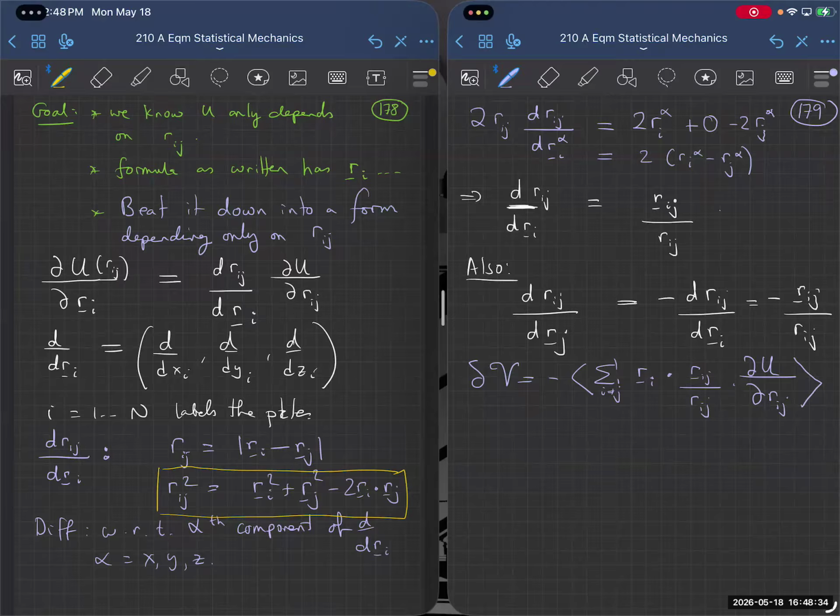So this quantity here that I've drawn you, as you can see, is basically symmetrical in i and j. So I can exploit the symmetry in i and j.